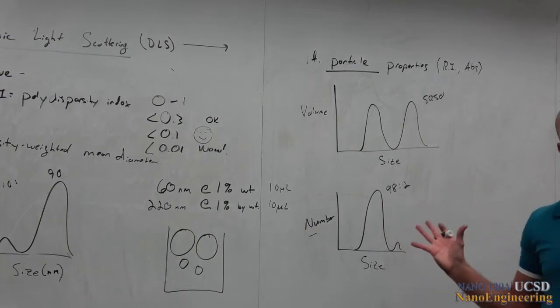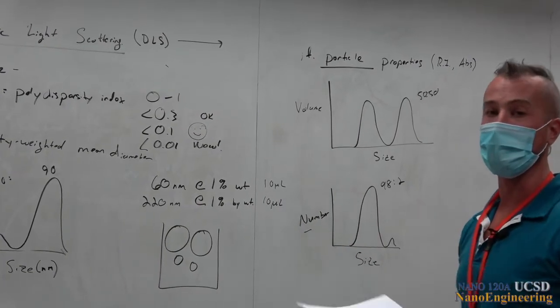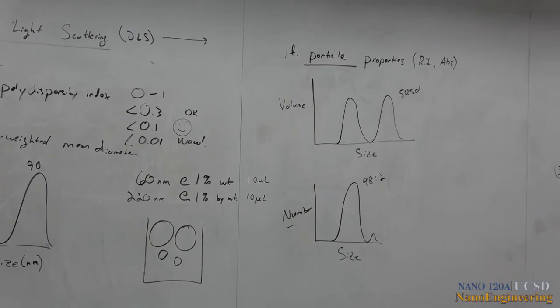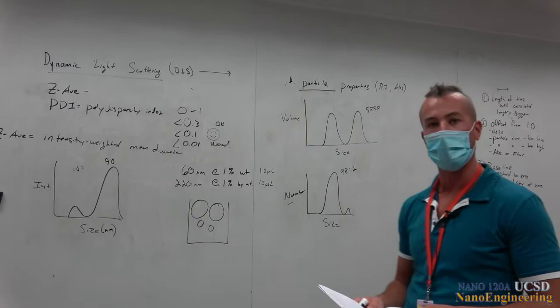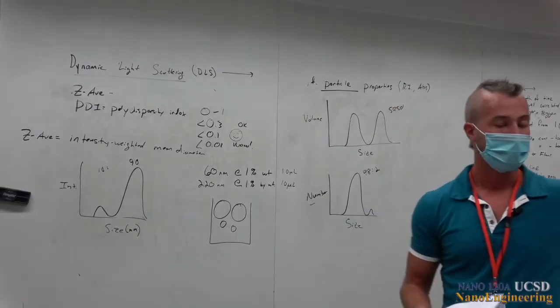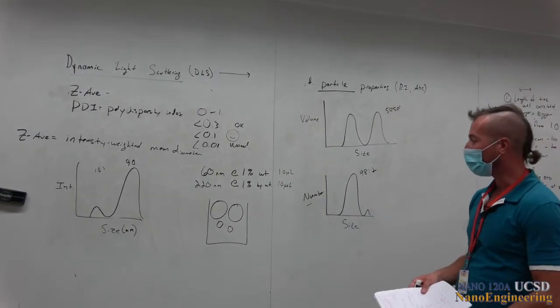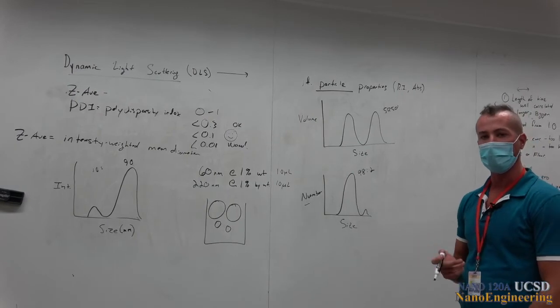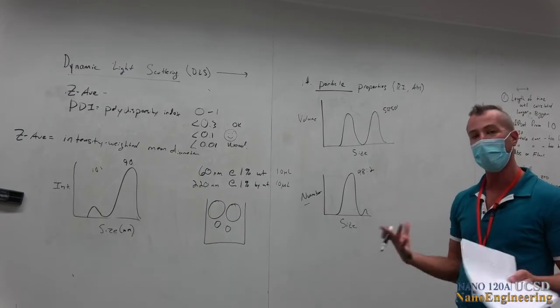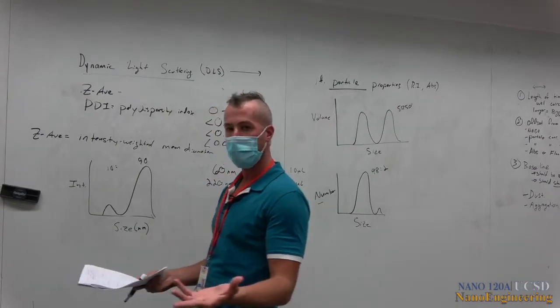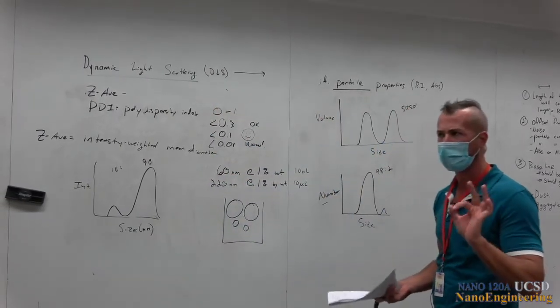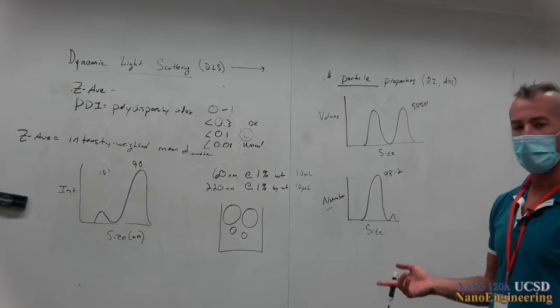And which one of these is the best one for your measurement? I don't know is the right answer. In the exercise we're going to have you do, you'll look at all three of these and understand some of the differences that happen when you present the same data, right? Because this all came from the same correlogram, the same correlation data.